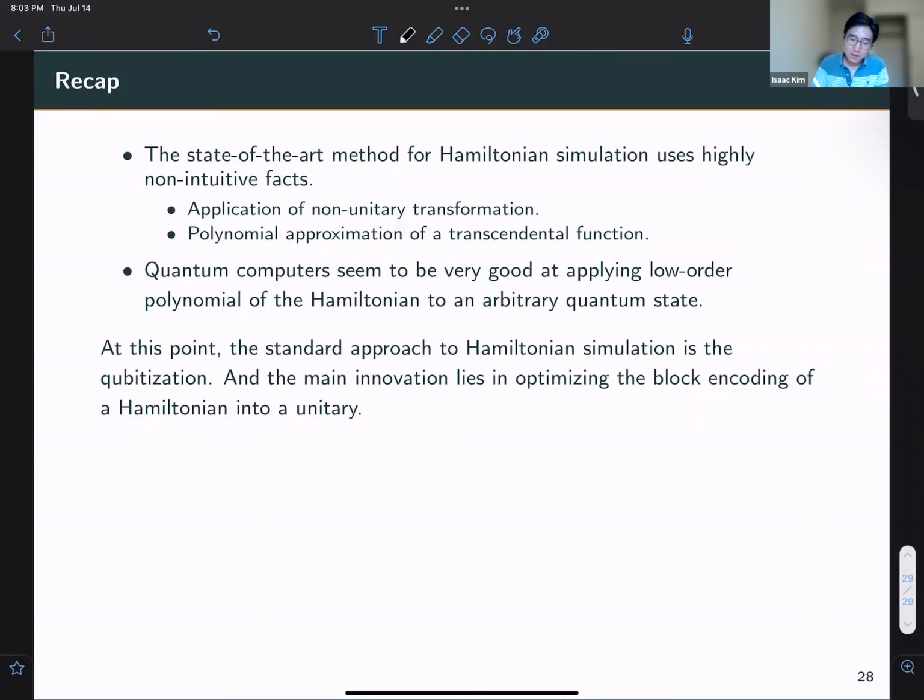And a side remark is that the quantum computer, in light of this qubitization technique, seems to be very good at applying low-order polynomials of the Hamiltonian to an arbitrary quantum state. So it's a very natural thing to think about: quantum computers are not just good for applying time evolution, they're also good for applying some polynomial transformations of these matrices. So it'll be interesting to think about the applications of this observation.